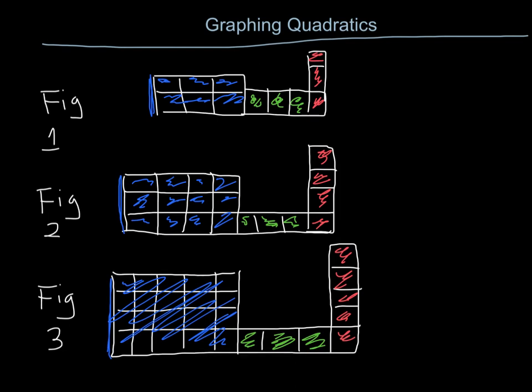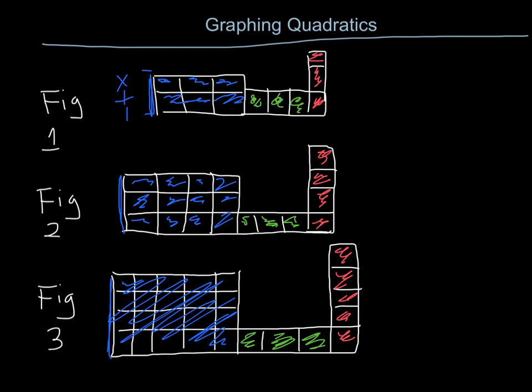Well, here I have 2 rows, and that's figure number 1. So that's 1 more than my figure number. Here I have 3 rows, and that's figure number 2. So that's 1 more than my figure number. And 4 rows, and that's 1 more. So it looks like for this part I could write x plus 1. Because every time it changes by adding 1 to my figure number.